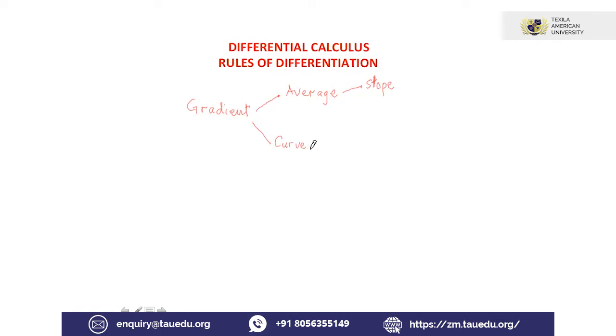And it is the slope of a curve, but at a particular point. So we're talking about a point here.